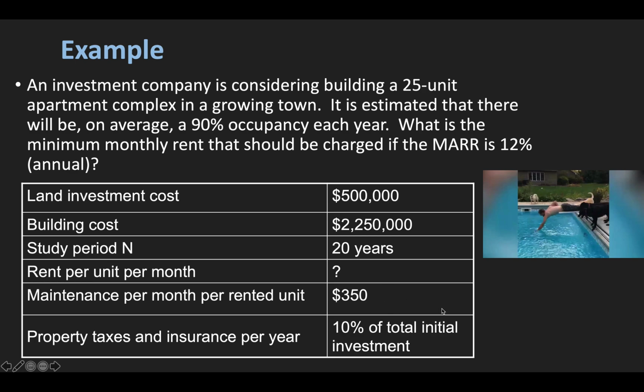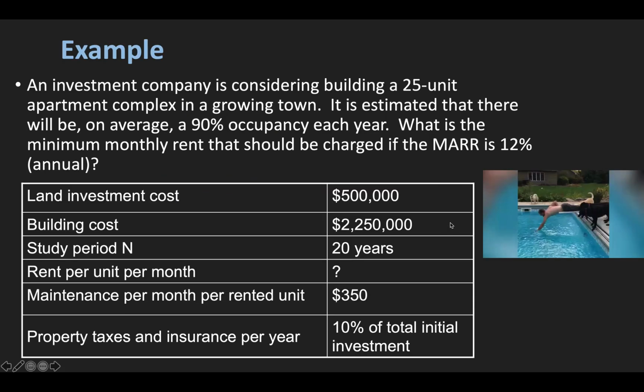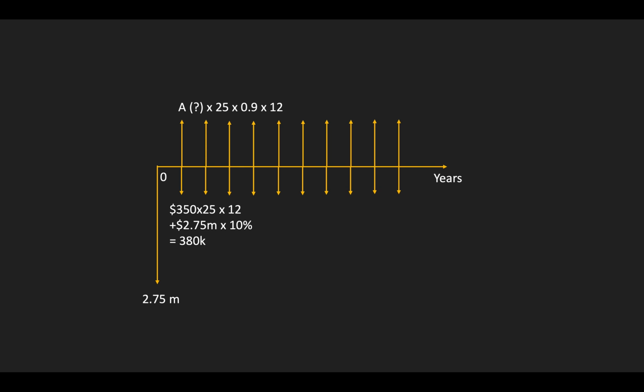And because there are 25 units, we multiply by 25. So 350 multiplied by 12 months multiplied by 25 units. That's how much money we're going to pay for maintenance. That's our expenditures.